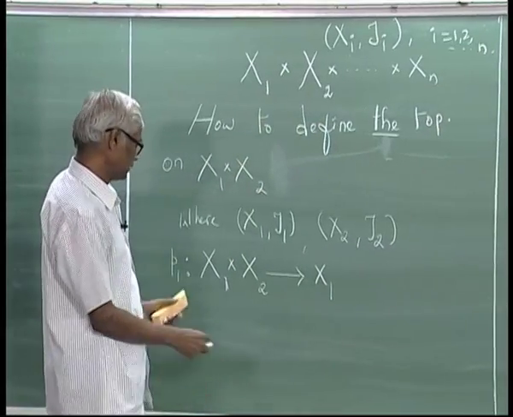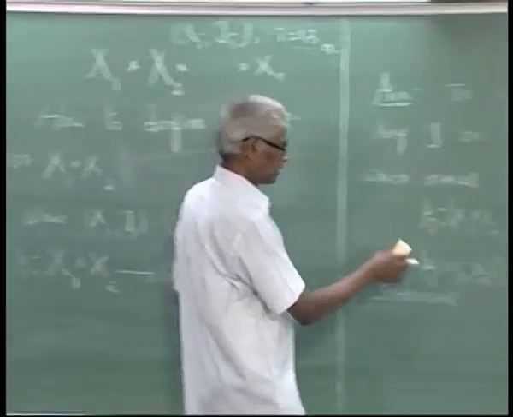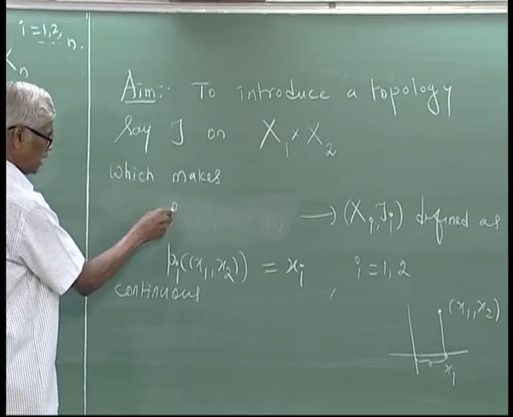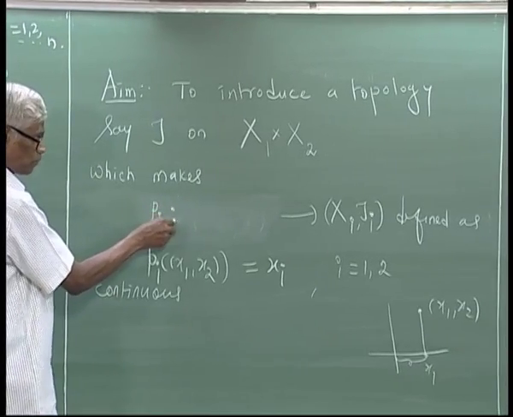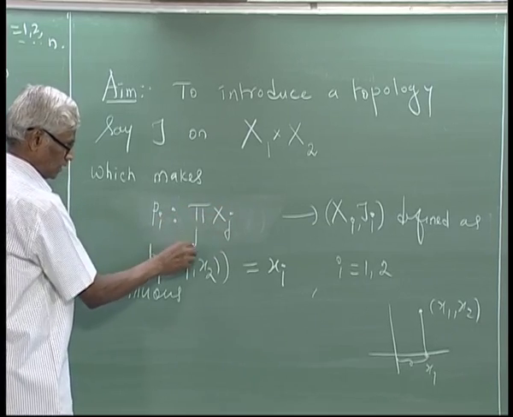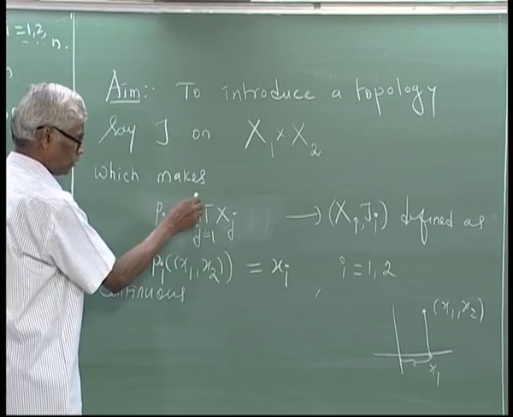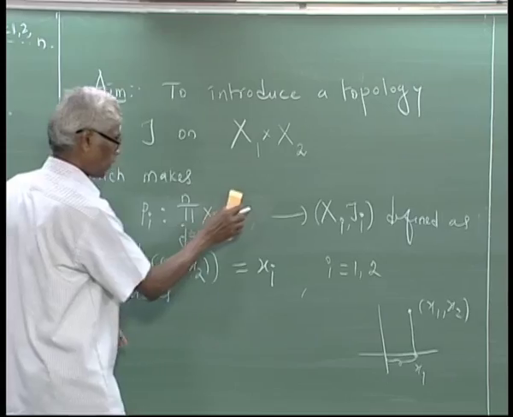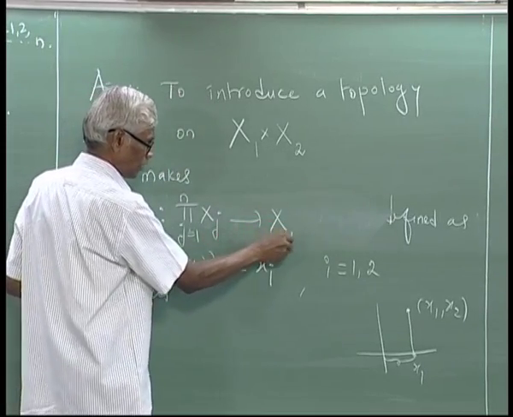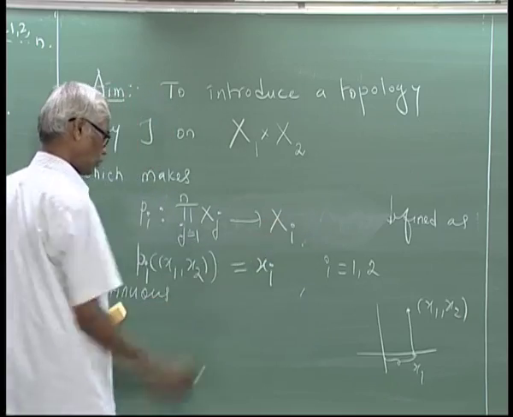Exactly the same way, here Pi is a function from the product of Xj, j varying from 1 to n, to the ith coordinate space with the topology tau i.